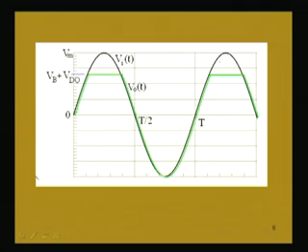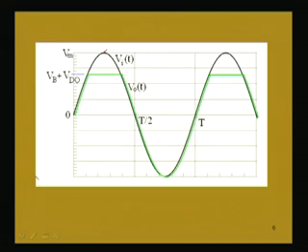Vi is the input voltage, which is sinusoidal. Suppose it has a peak value of Vm, and we want to draw V naught along with this Vi, superimposing on Vi. Then we get what is denoted by this green line, the output voltage V naught t.